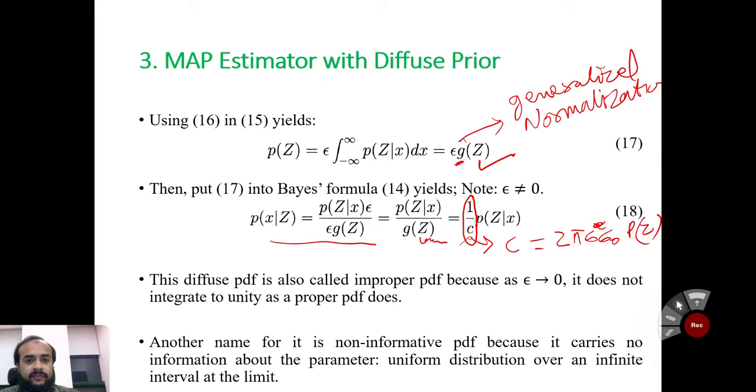The diffuse PDF causes the posterior PDF to be proportional to the likelihood function, and thus the MAP estimator coincides with the maximum likelihood estimator.